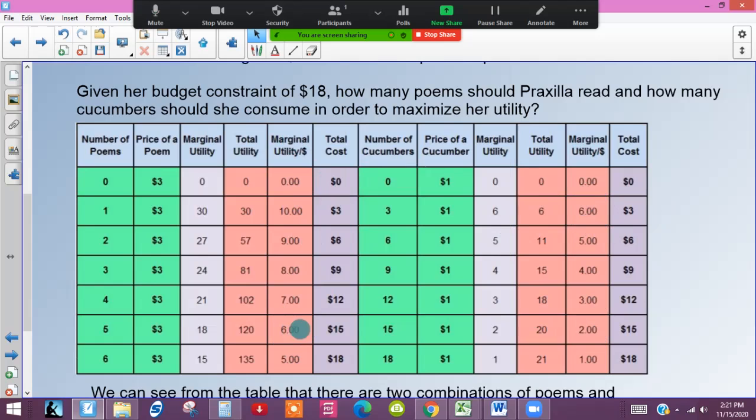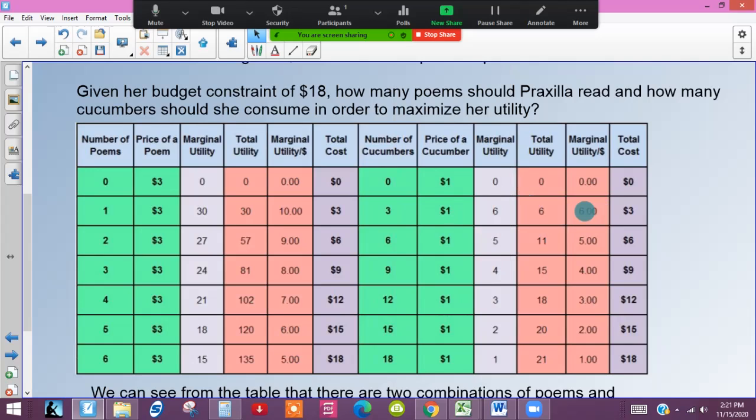So at 5 poems and at 3 cucumbers, the marginal utility per dollar is the same at 6. Now we have to see if she's spending her budget.